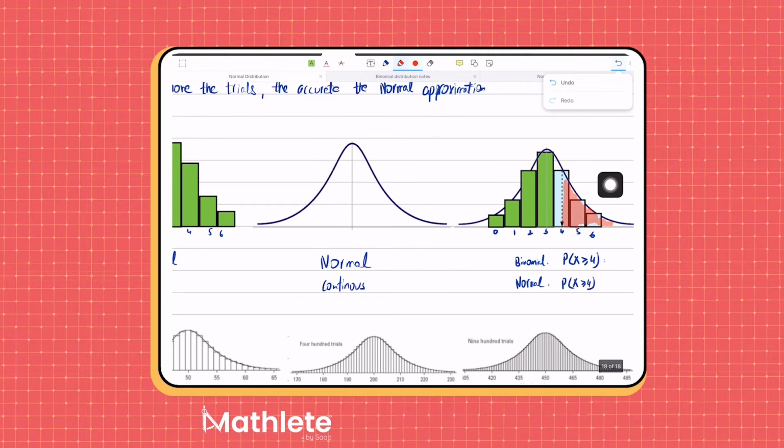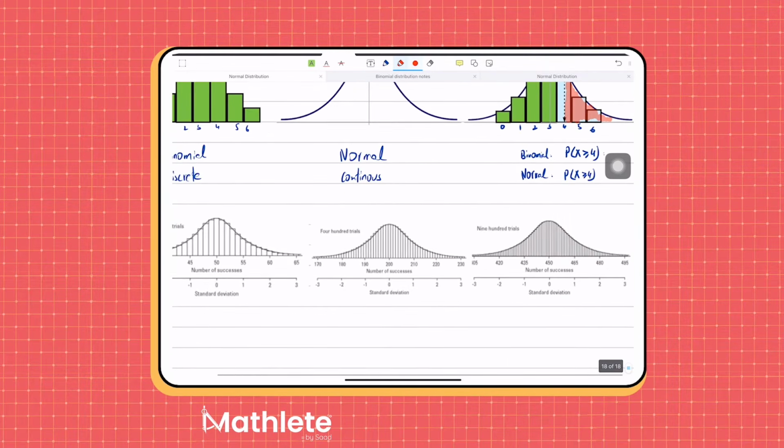But the good thing is they end up canceling out each other. Okay, now how is it that the more the number of trials, the more accurate the normal approximation?